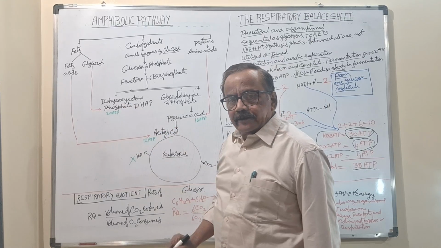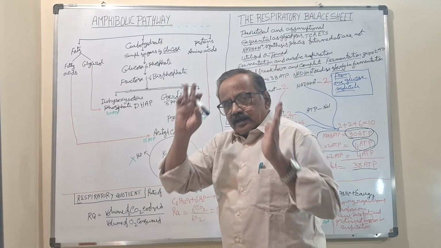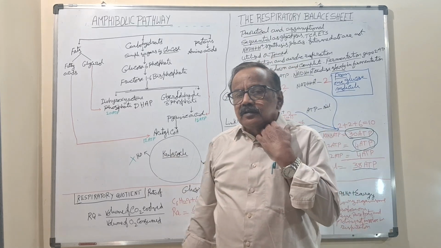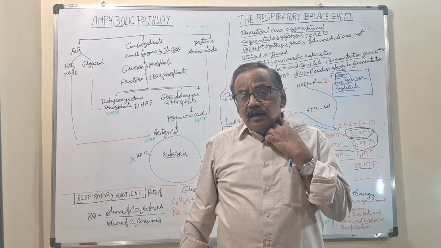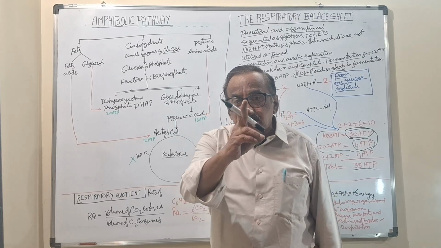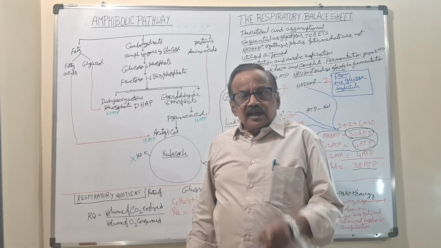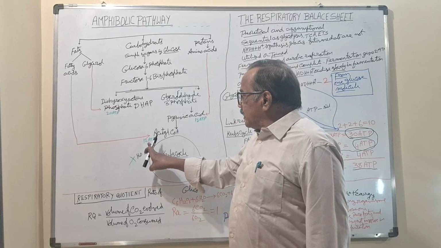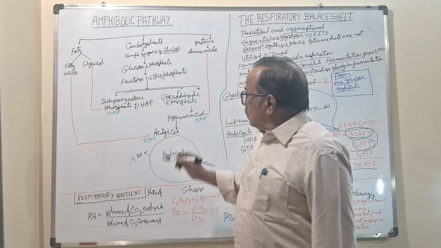So glycerol will finally be converted into glyceraldehyde 3 phosphate via dihydroxyacetone phosphate. Now we calculate how many ATP will be produced. One glycerol will produce 20 ATP. How?